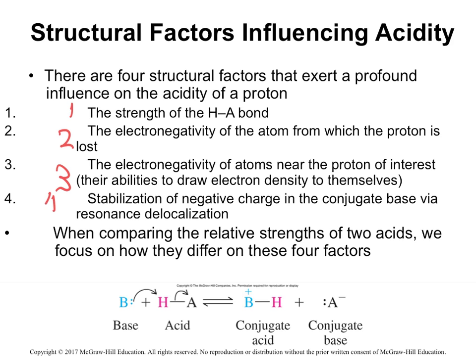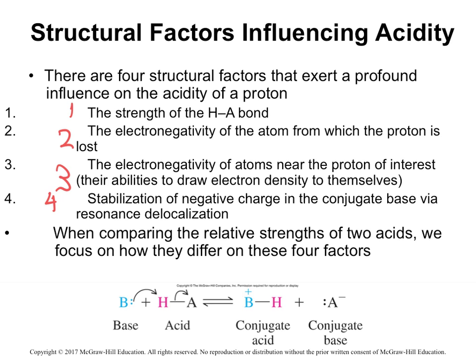And 4 is probably the most difficult one for people to imagine: you have to look at the conjugate base, what the product is, and see if it's stabilized due to resonance. Okay, so these are the 4.